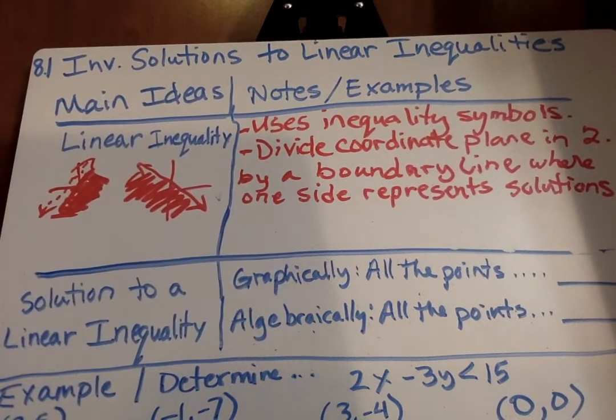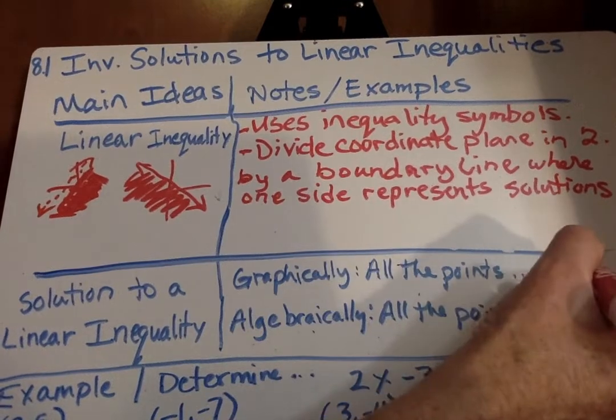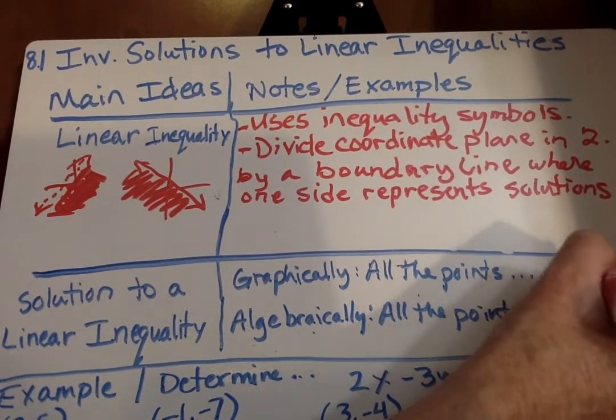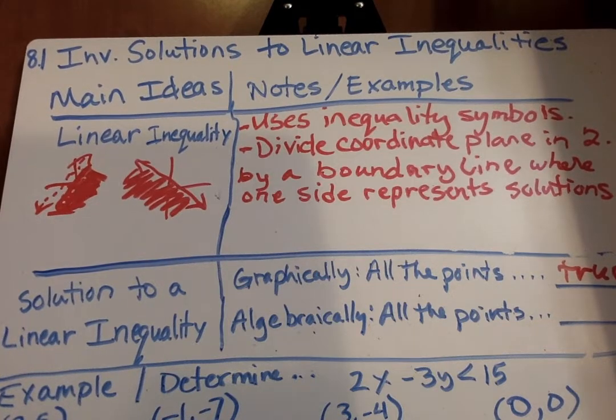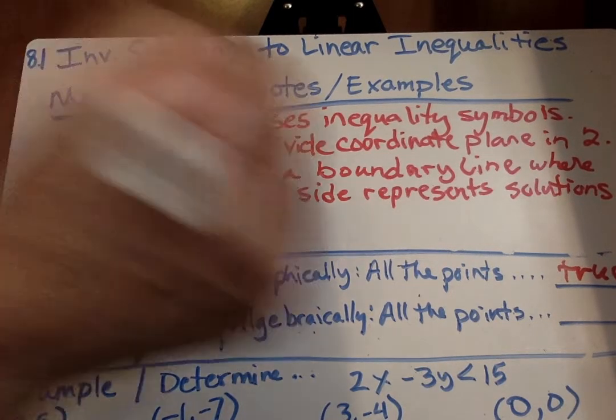And a solution to a linear inequality, graphically, is all the points x, y where the inequality is true. Algebraically, it is all the points x, y that make the inequality true.